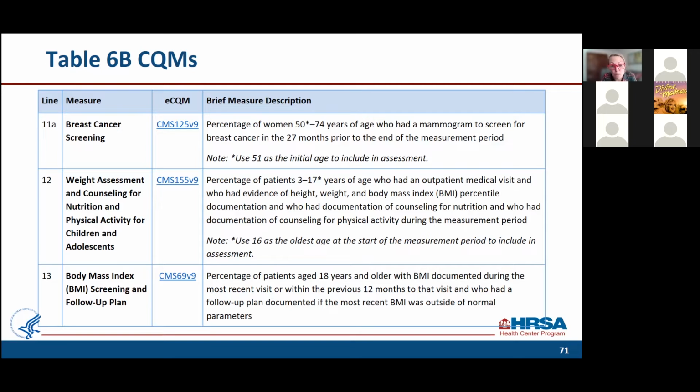However, the follow-up plan and intervention for the most recent high-low BMI must be on or after the most recent high-low BMI. This is detailed in the clinical quality language, the CQL logic, and is different from the UDS manual and the eCQM specification. This change is likely to have an impact on the number of patients who meet the requirement, so just want to note that.